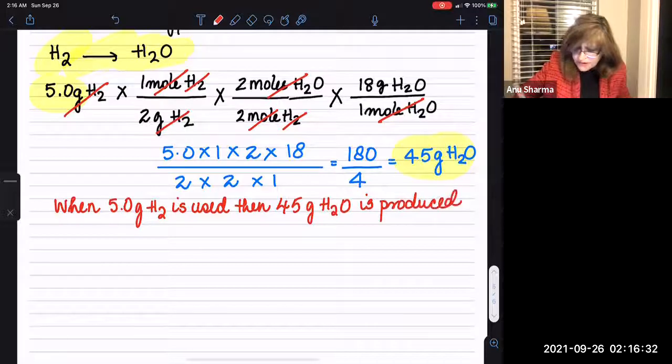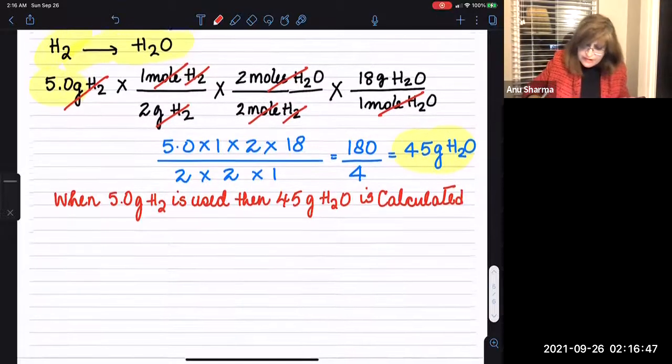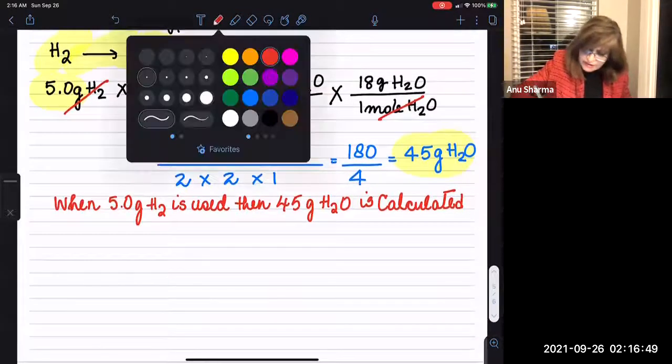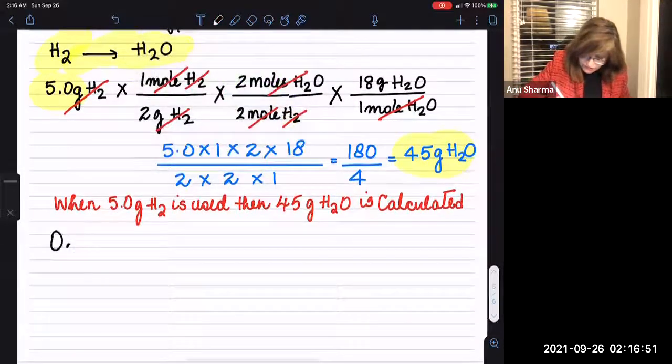So basically, this is not even theory, it's calculated, unless we actually know the other reactant also. So 45 grams of water is calculated. Now let's look at the situation when you have oxygen.